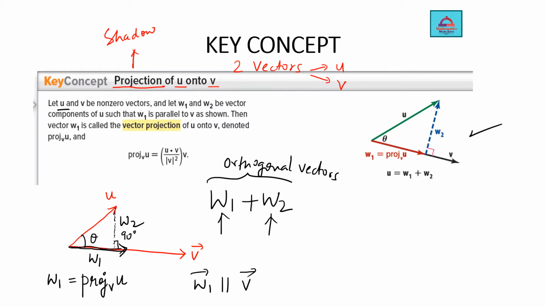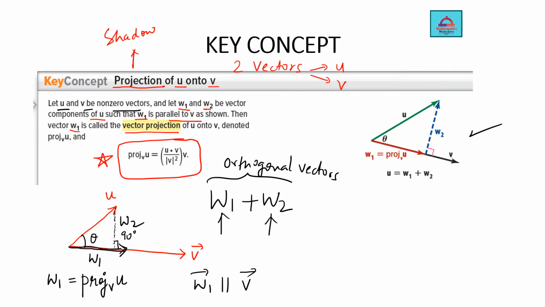So that leads to this one. So let u and v be non-zero vectors. In the exam, you will get one question where first you calculate the projection. So you will use this formula. You will take vector w1, w2 as the components of u such that w1 is parallel to v. As we saw, w1 is parallel to v in the same direction, and w2 is perpendicular to v.